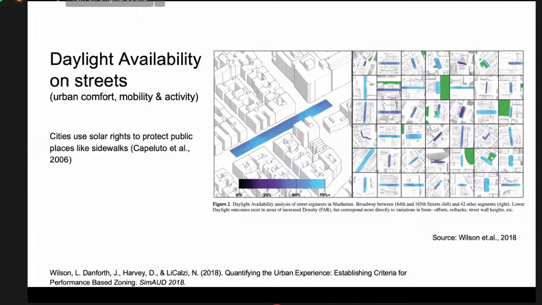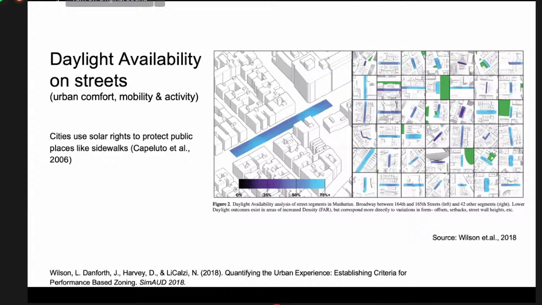People also try to assess the mobility on streets because it increases urban comfort, increases mobility, and also activates the streets. Currently it's known as solar rights, to protect public space like the sidewalk.